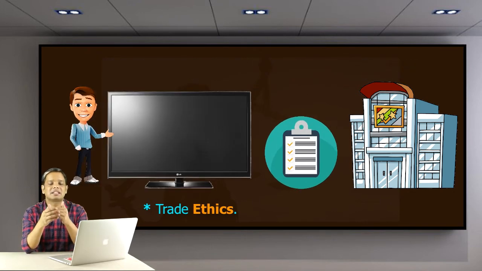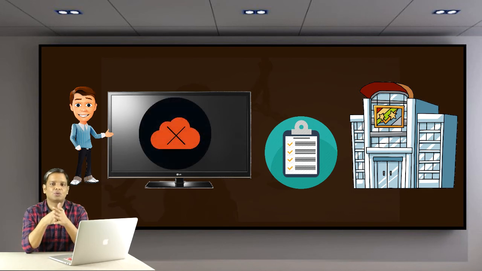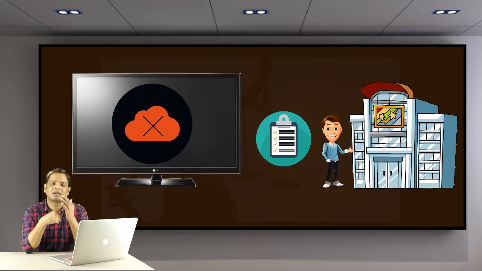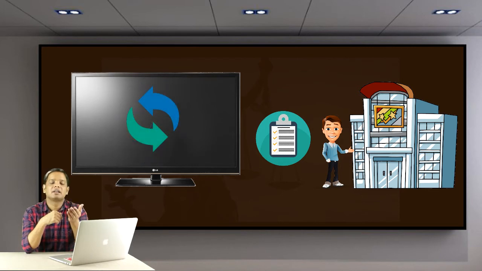After merely two days, you find a defect and the TV is not working. You go to the shopkeeper and ask him to either change the TV or return the money.